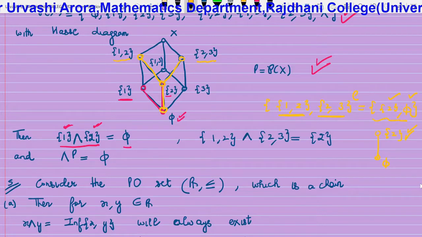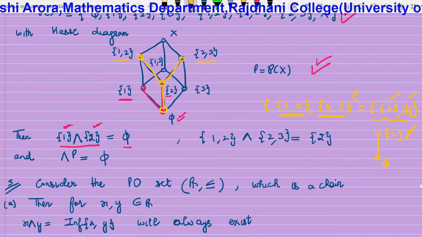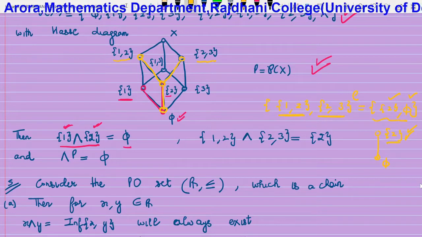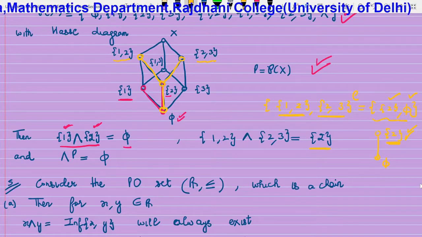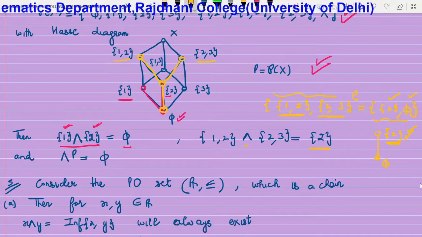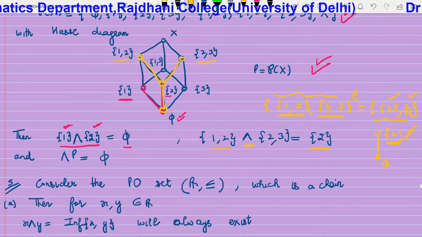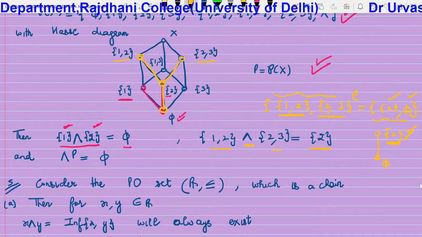So the one which is greater is singleton 2. So this is the greatest of all the lower bounds that we have, and therefore this {2} is acting like the greatest lower bound, or the infimum of this set {1, 2} and {2, 3}, or it is the meet of {1, 2} and {2, 3}. So that was the meet when you pick up two elements.